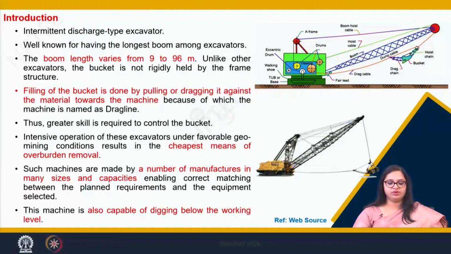Well, when we talk about such machines, we see that there is a range of boom length that different manufacturers manufacture, that goes from 9 to 96 meters, and with this the capacity of the bucket is also planned accordingly, and depending on the size of the mines, the appropriate dragline of specific boom length and bucket capacity can be selected.